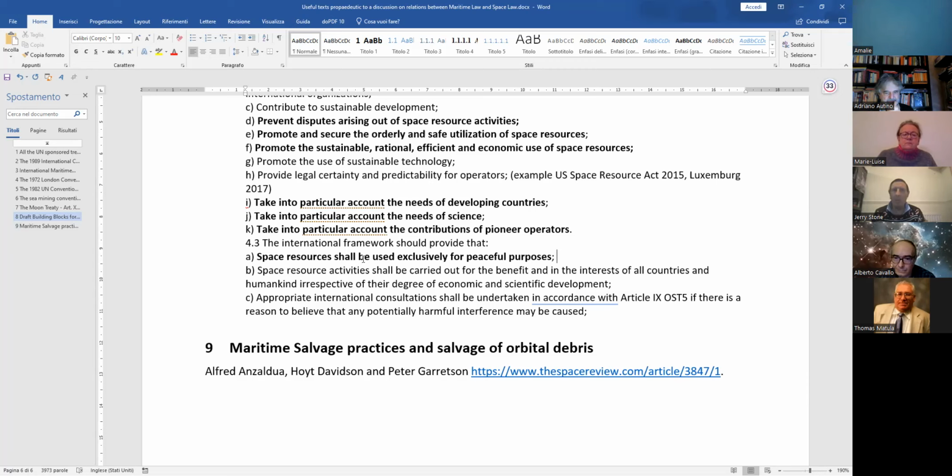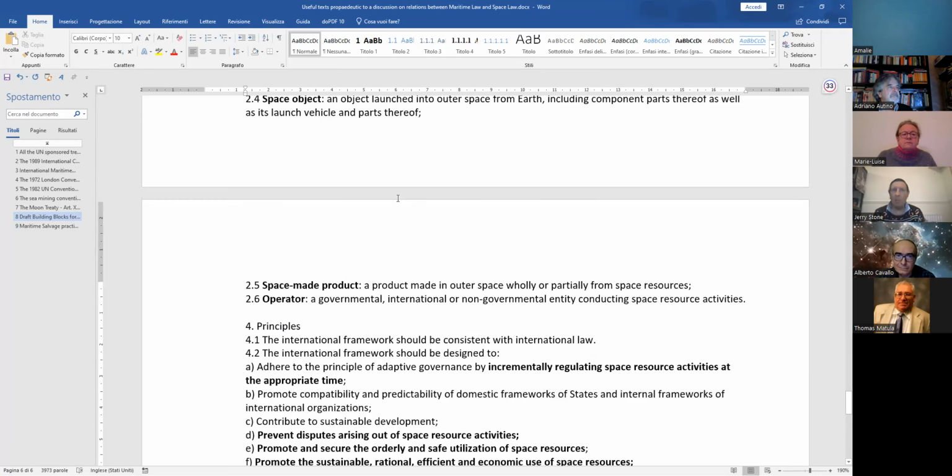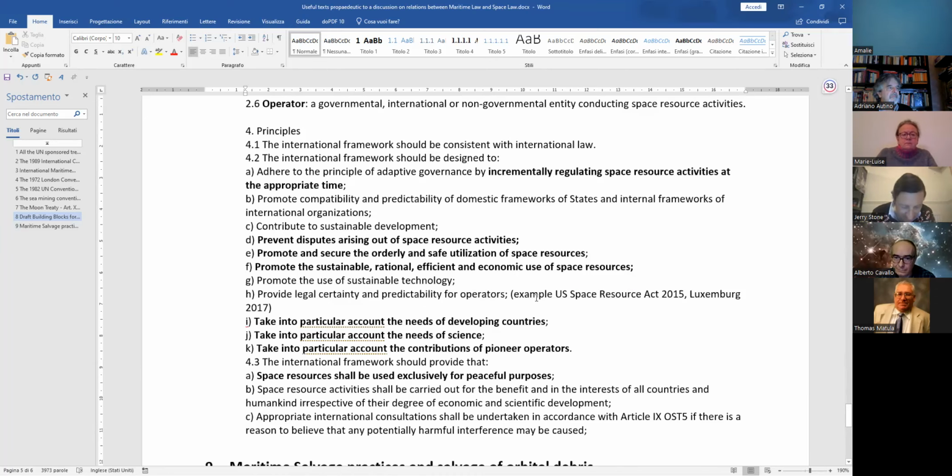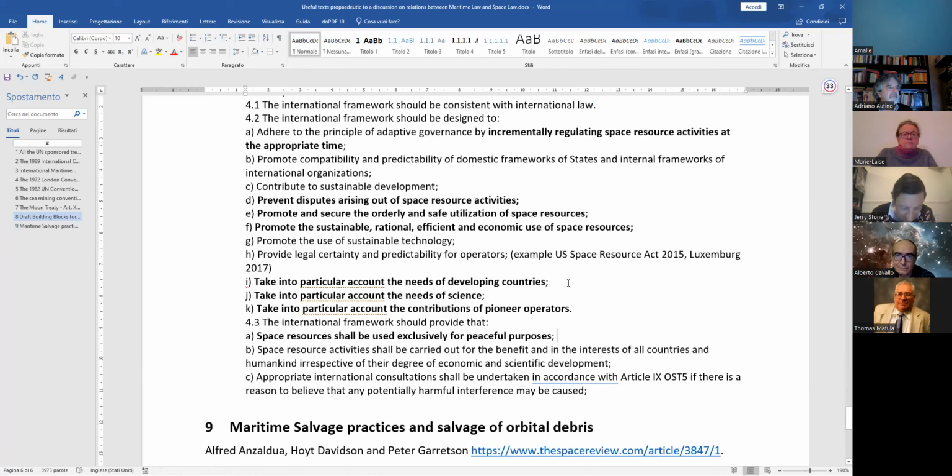So here in point 8 that you've got up on the screen, I'm not sure what that is actually, but anyway, it says D, prevent disputes arising out of space resource activities. And then there's another note down there about developing countries. They're not going to have access to limited space resources because these will be needed by developed countries.